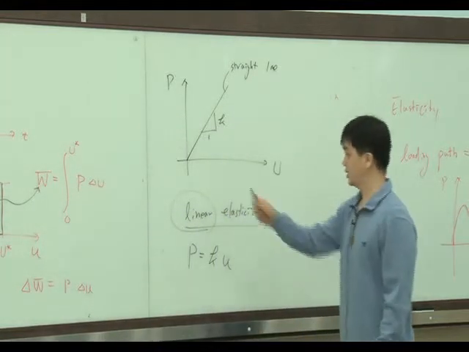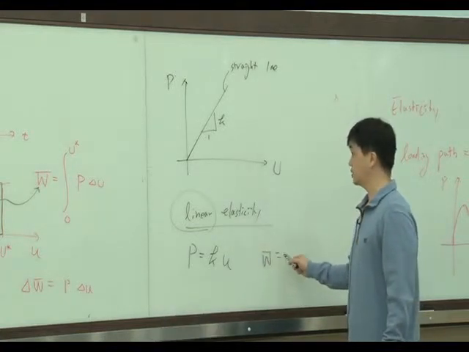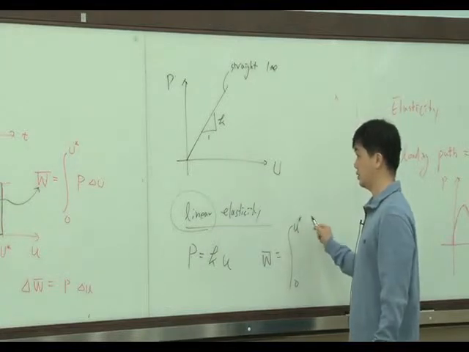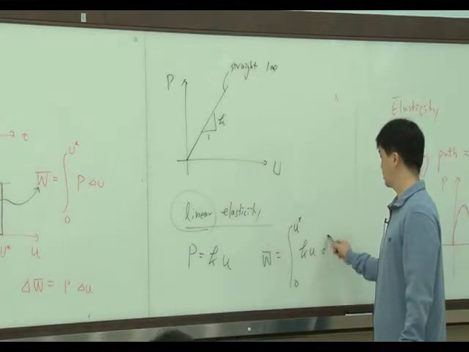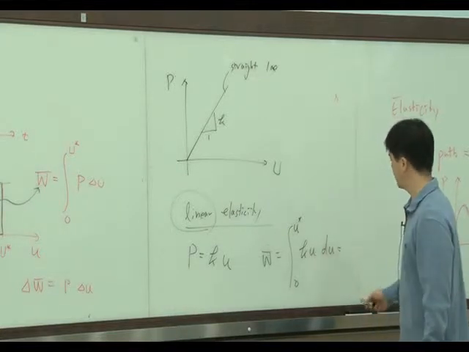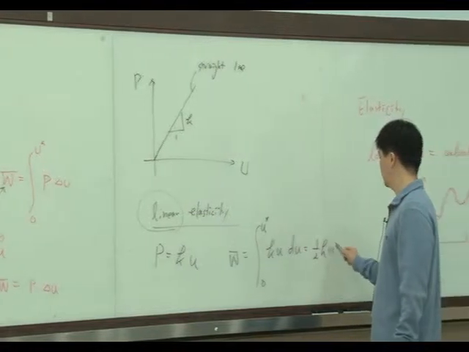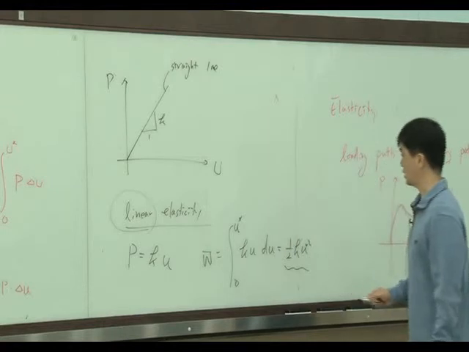Then let's put this into that equation: the work, the integral from 0 to u star of Ku du, will be 1 over 2 K u star square, right?